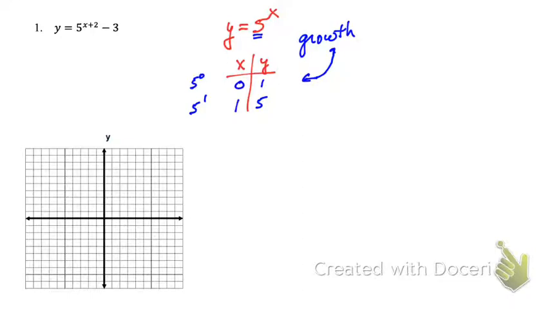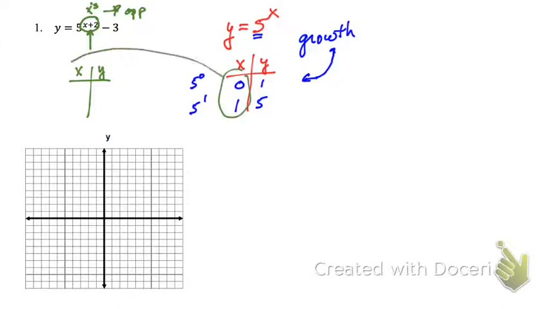Okay. Now what happens to us here? We have an x plus 2 in our exponent. Remember, if it's in the exponent right there by the x, it affects your x's, and it affects them the opposite of what it looks like. So it looks like we'll be adding 2, but we will take our x's here, 0 and 1, and we won't add 2 to them. We will subtract 2 from them, and we'll get negative 2 and negative 1.